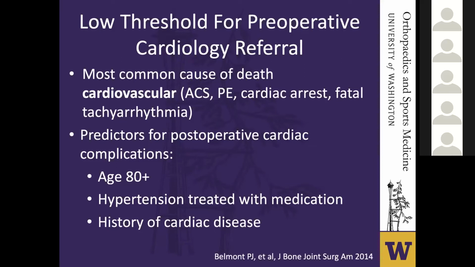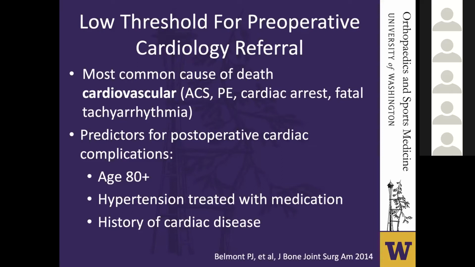There was a study out of JBJS in 2014 that looked at a large number of patients from the NSQIP database and found that patients with age over 80, hypertension treated with medication, and a history of cardiac disease were significantly predictive of developing a major cardiac complication.